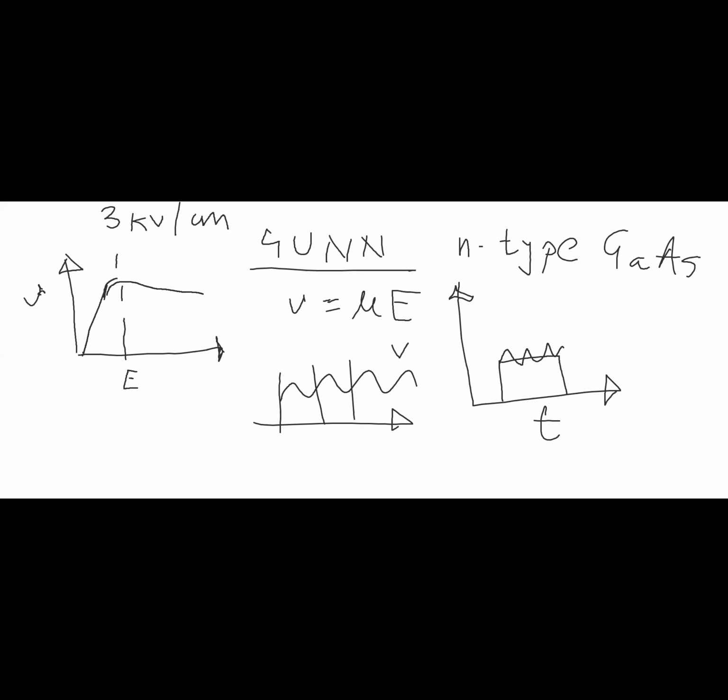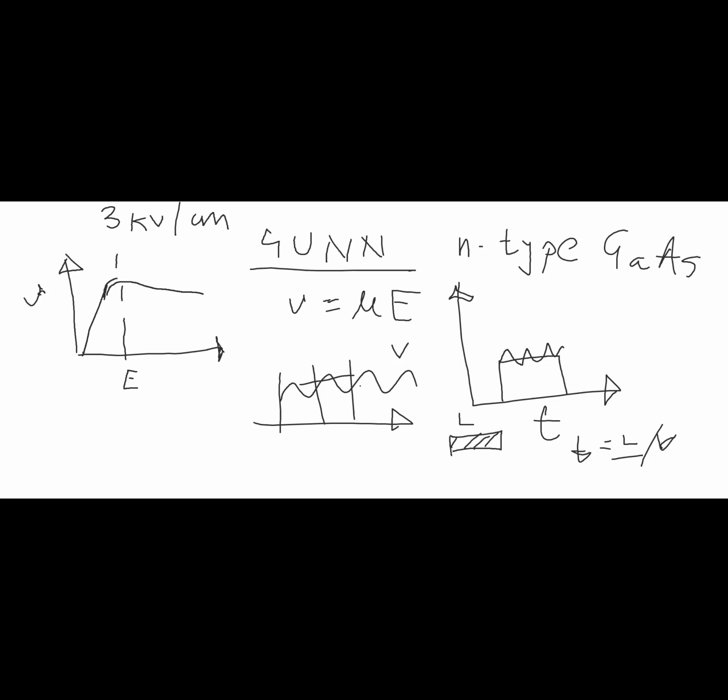One period was equal to the time taken by the electron to pass through the sample. If the size of the gallium arsenide sample is L, and the velocity is taken from this graph, then it is length divided by velocity, which gives you time. The inverse of time is the frequency of the signal. So the period of the oscillation and this time were the same.